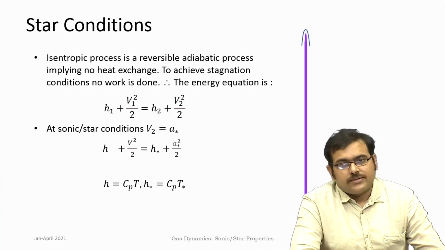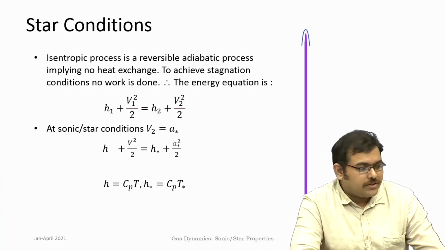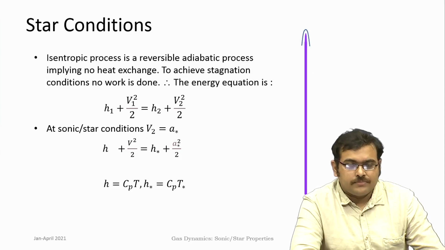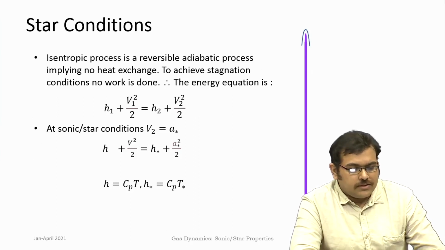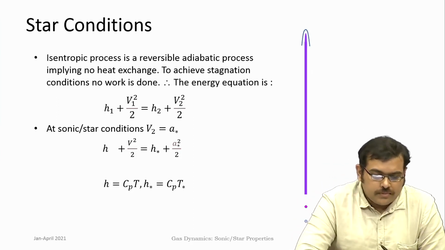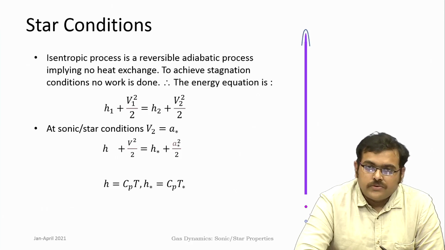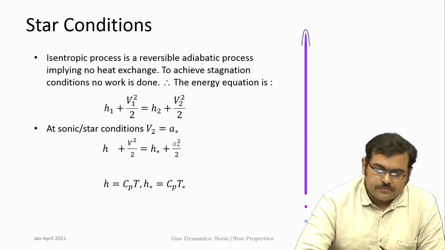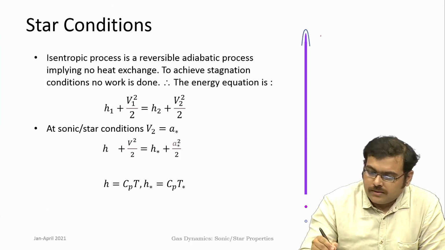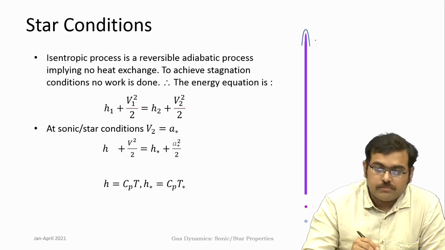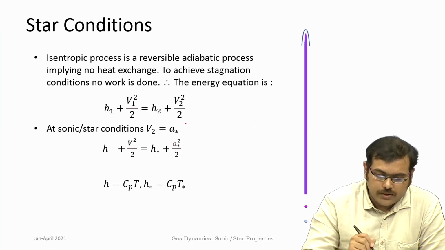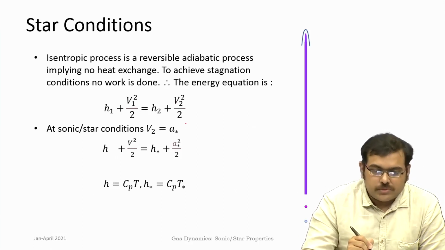Now again, what is the equation that one has to look at? Here the process is again isentropic, with no heat exchange and no work done. So we look at the energy equation, H1 plus V1 square by 2 is equal to H2 plus V2 square by 2.